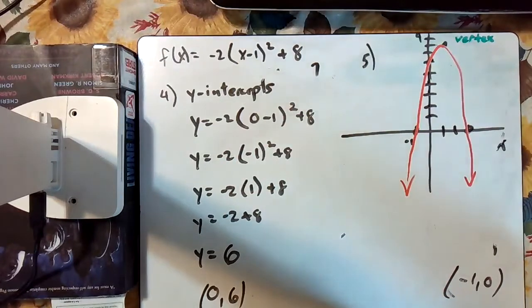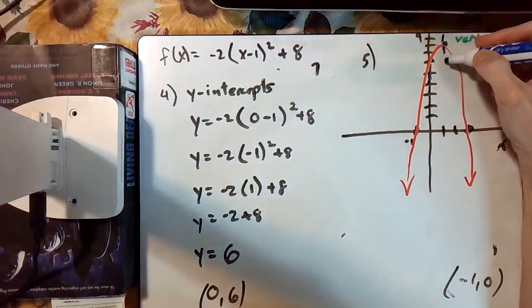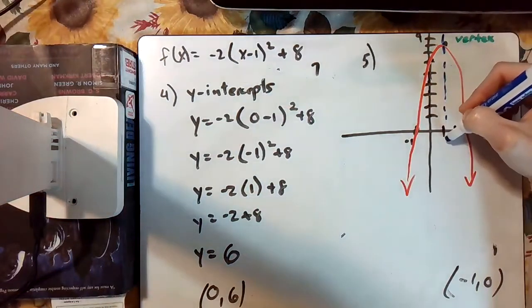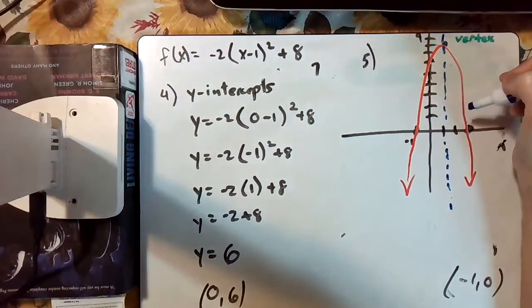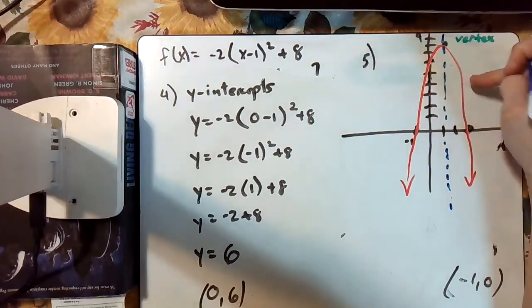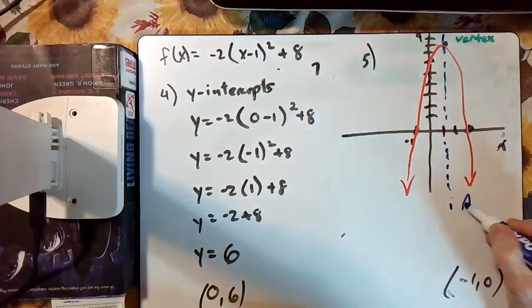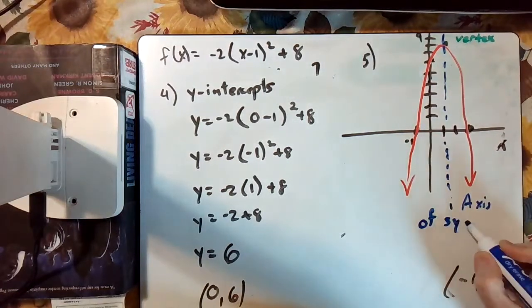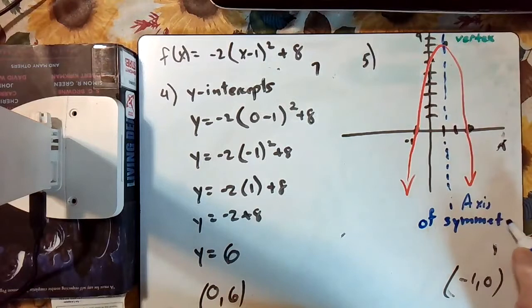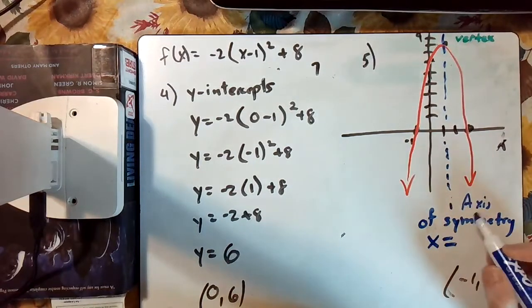So now that we have our curve, the next thing is the axis of symmetry, right? We want to figure out what is this line right here, this blue line, that would make this symmetric, right? Meaning if I could flip this over the blue line, it would land on itself. Doesn't matter which side. And remember, for that, it was always x equals the x part of your vertex.